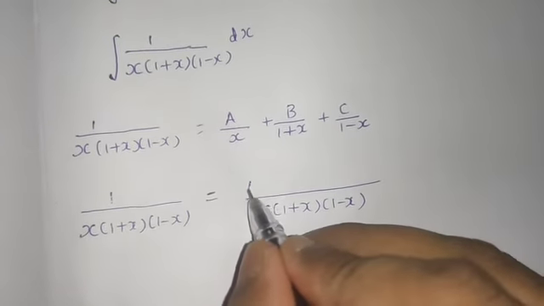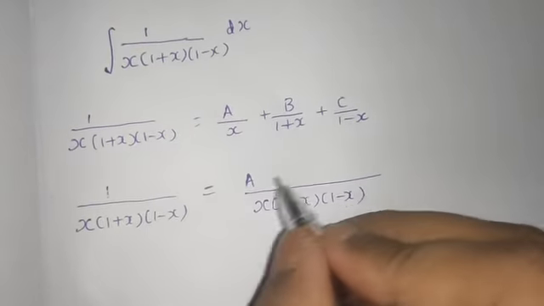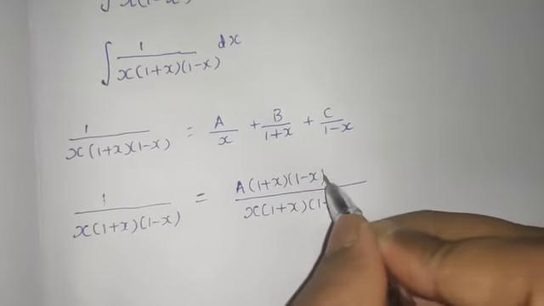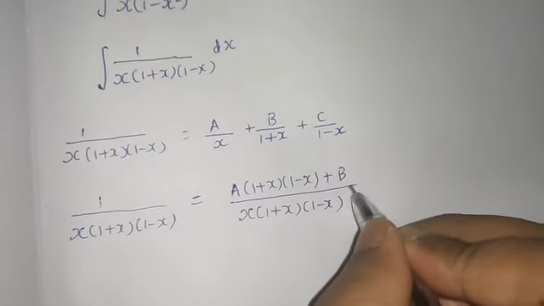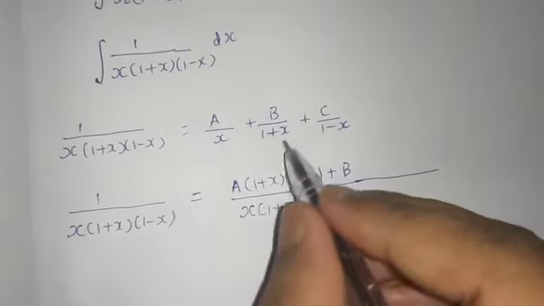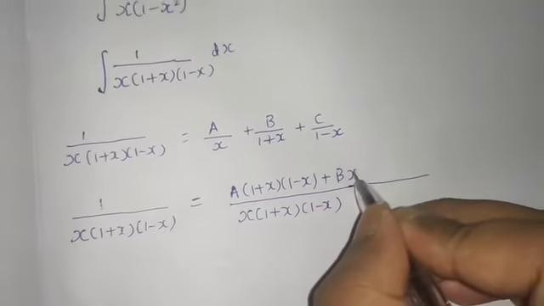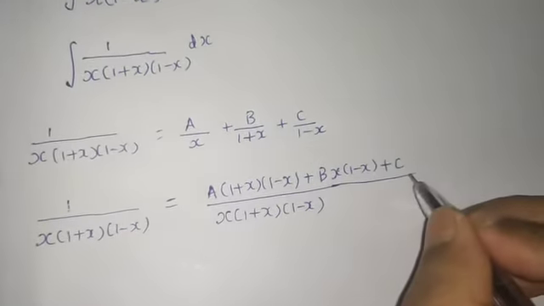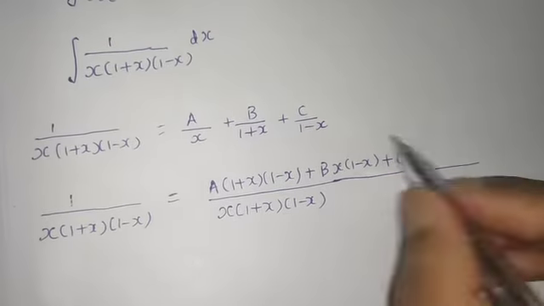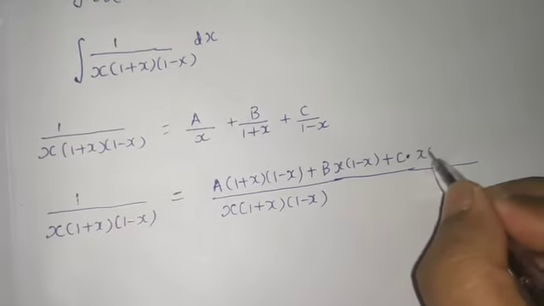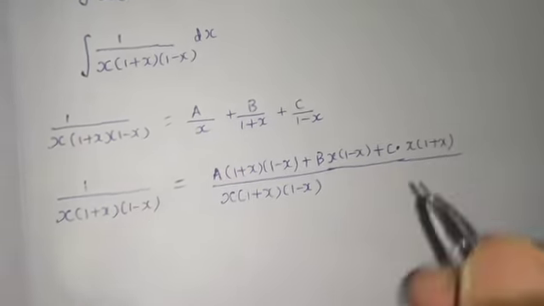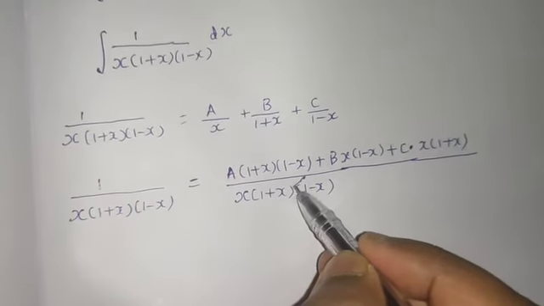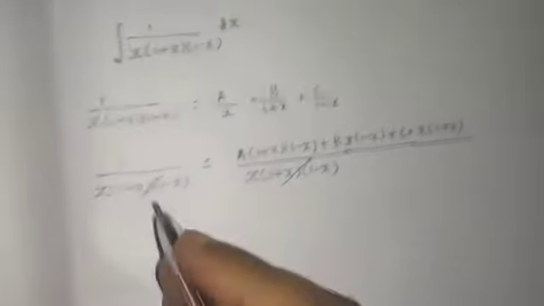Now with A, because x is there, the other two factors will come, so 1 plus x. With B, because 1 plus x is there, you will get x and 1 minus x. And with C, 1 minus x is already there, so x and 1 plus x. So the denominators, as I told you earlier, will get cancelled.